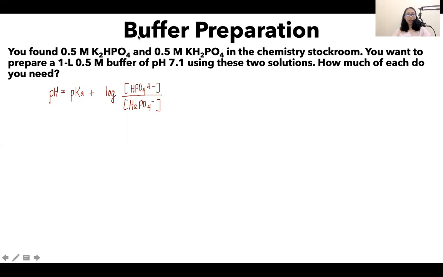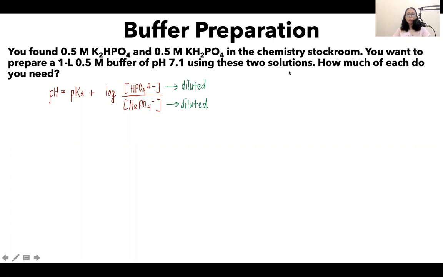Now, another thing you have to remember is that the concentration terms in our Henderson-Hasselbalch equation are the concentrations in the final buffer, which means these are concentrations after mixing the two solutions. So we need to consider some dilution, right? So this is a diluted concentration. This is also a diluted concentration. So keep in mind, since these are diluted concentrations, we have to use the dilution formula.